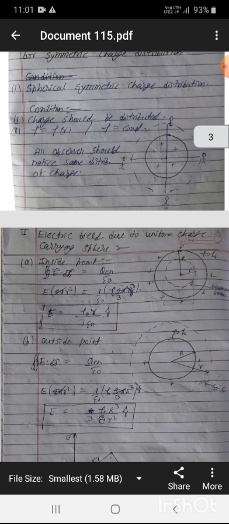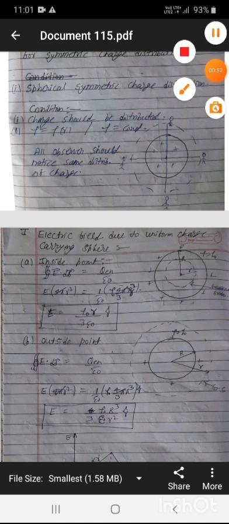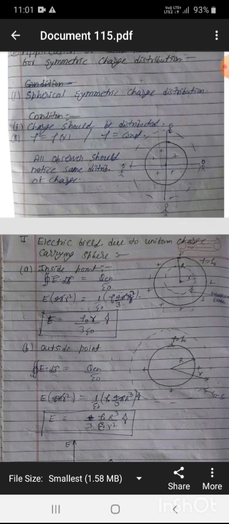So, what should be the electric field due to the uniform charge carrying sphere at an inside point? Applying Gauss law, closed integral of E dot ds equal to Q enclosed by epsilon naught. So, E into what is the area? E into 4 pi r square.